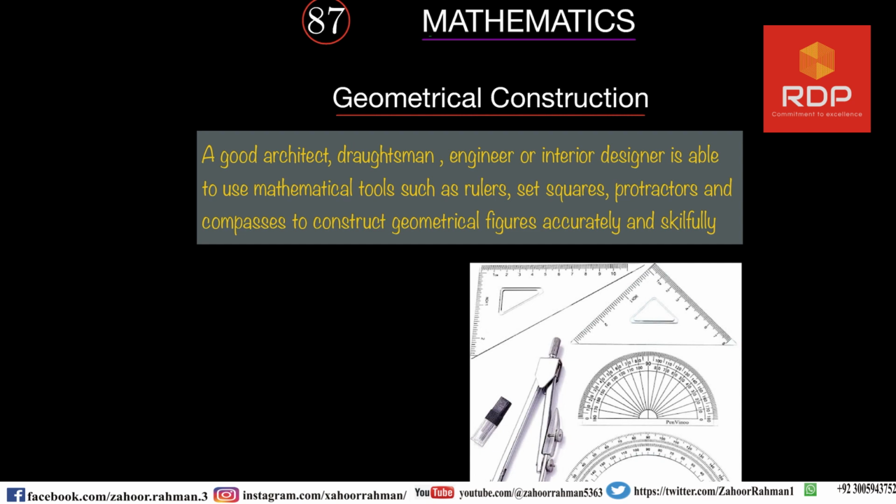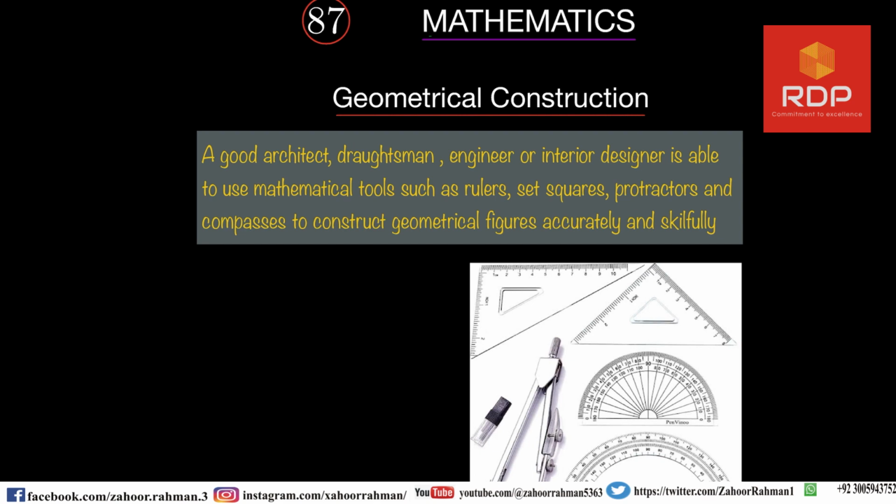Let us start about the geometrical construction, why it is necessary to learn geometrical construction. A good architect, draftsman, engineer, or interior designer is able to use mathematical tools such as rulers, set squares, protractors, and compasses to construct geometrical figures accurately and skillfully.